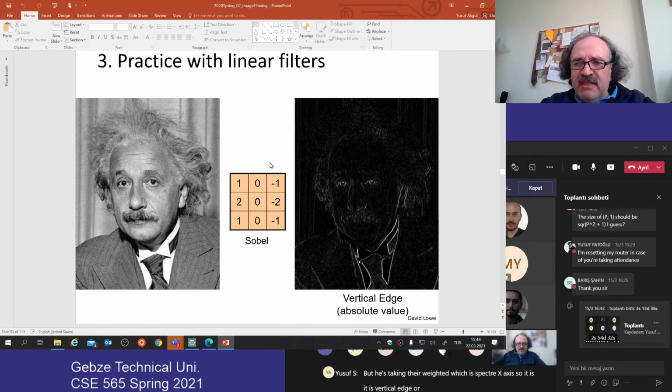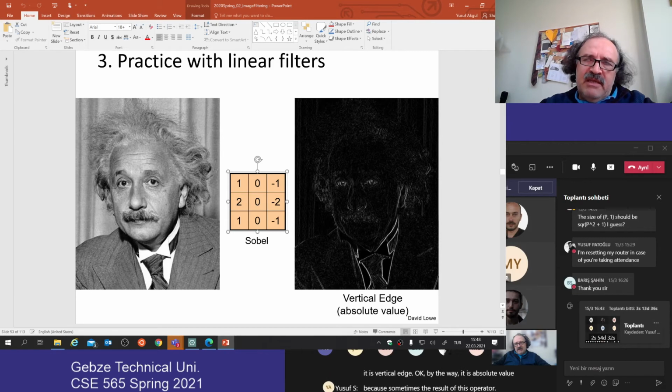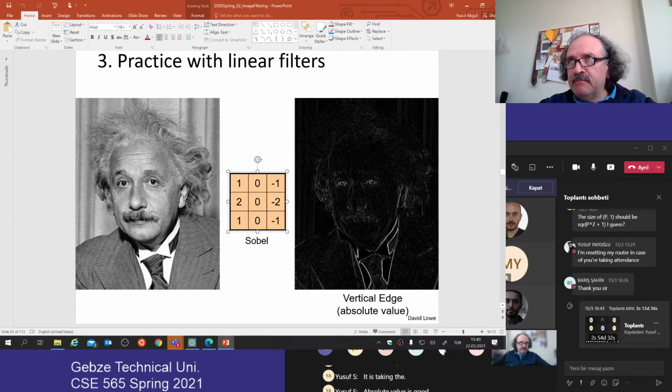By the way, it is the absolute value, because sometimes the result of this operator is negative, sometimes positive. It is taking the absolute value. This is good, right? Okay.